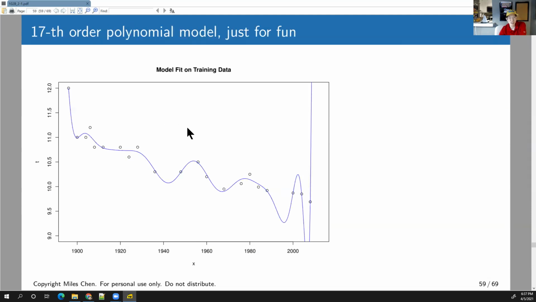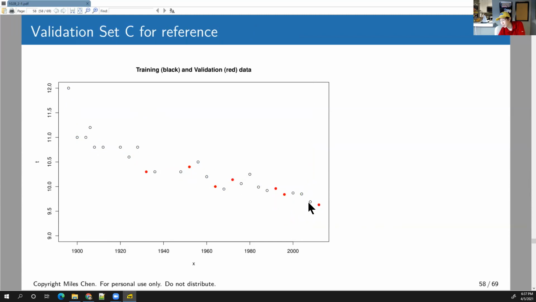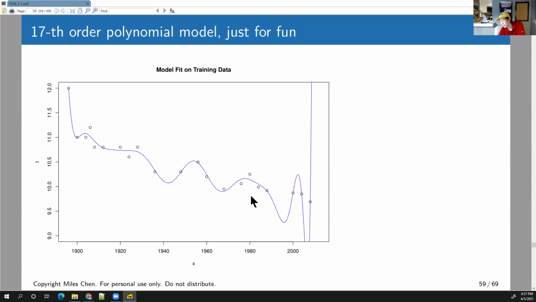When you remove these 7 data points and fit this, for the training data there's not a ton of error. If you look at these 3 data points, the line runs exactly through the center of these data points in our training data.